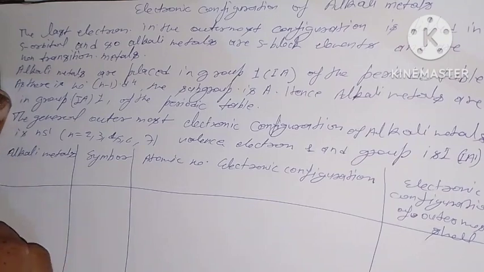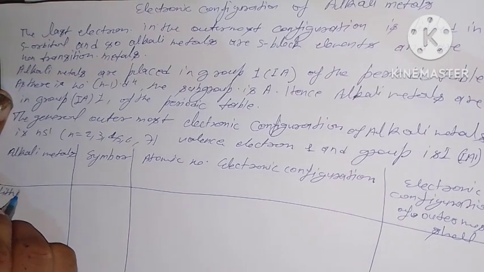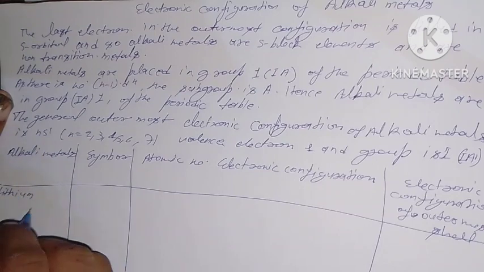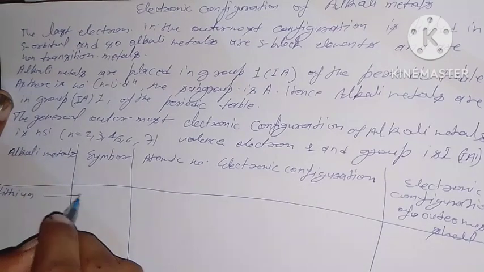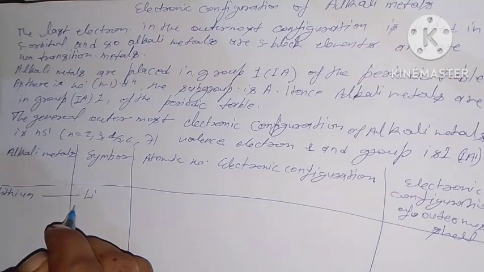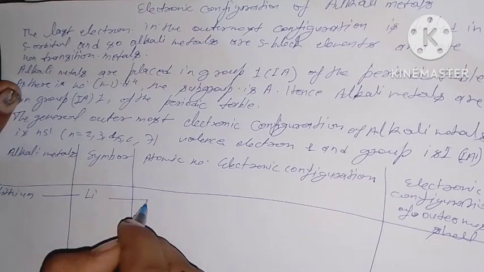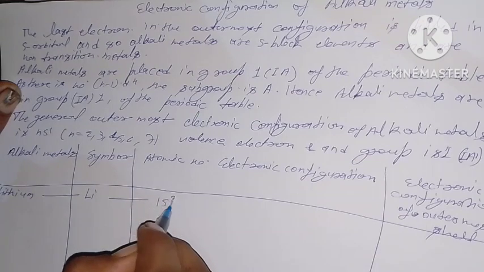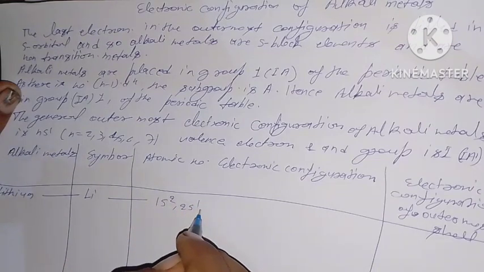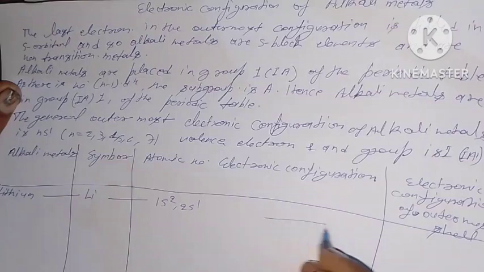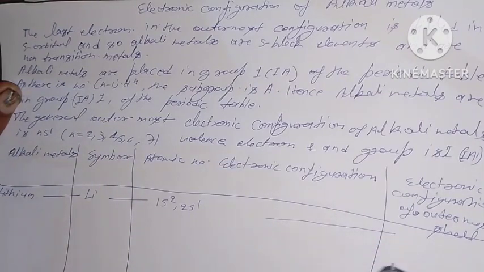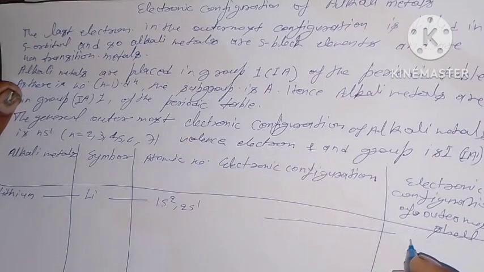The first alkali metal is lithium, symbol Li, atomic number 3, electronic configuration 1s2 2s1, and outermost shell 2s1.